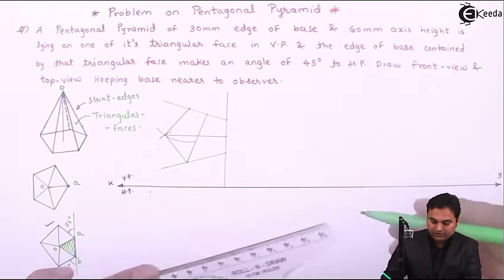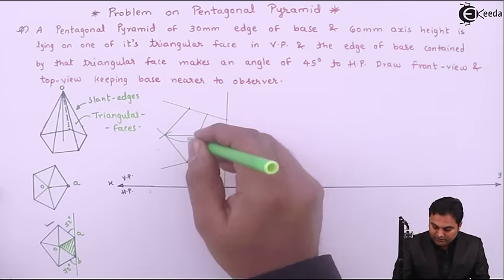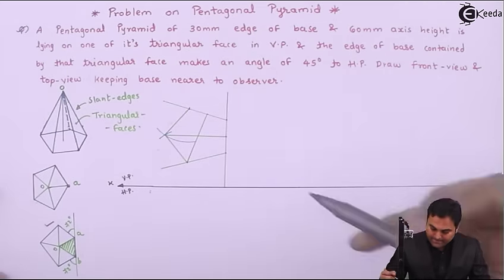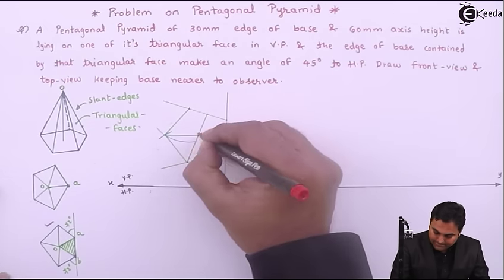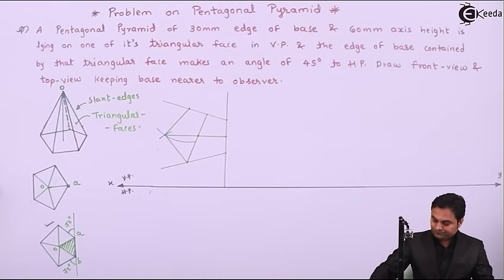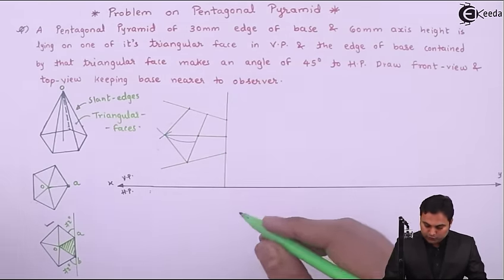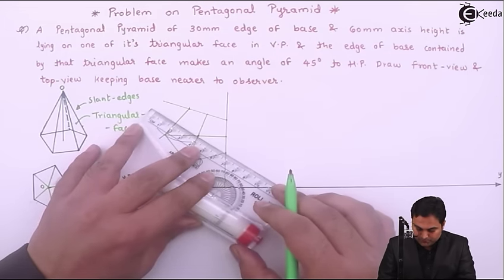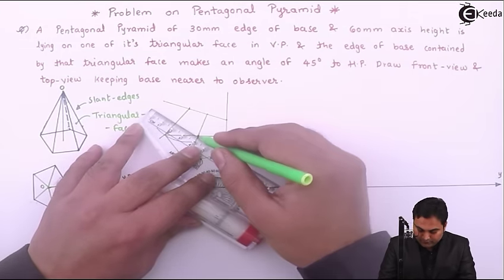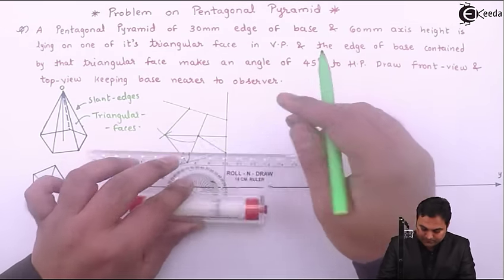Now the intersection of these two lines will give me the apex. So joining it and forming the triangular faces.